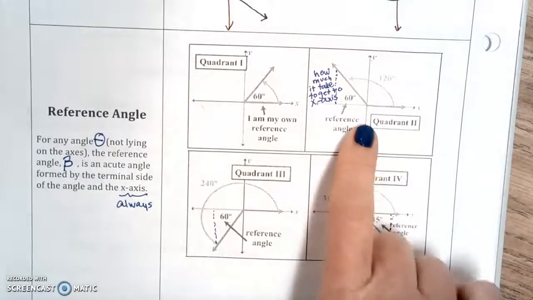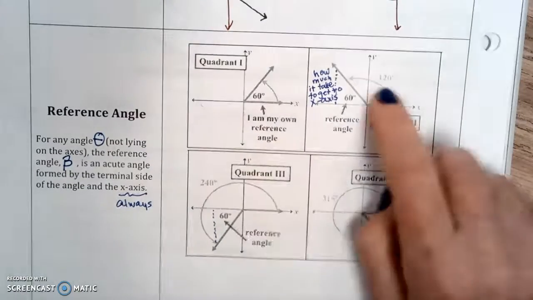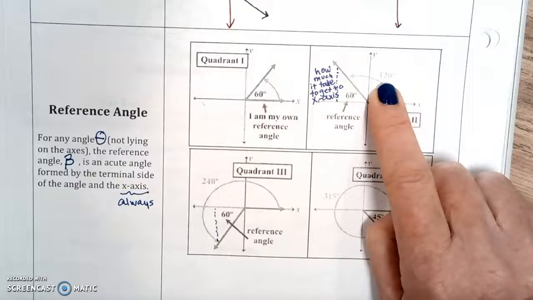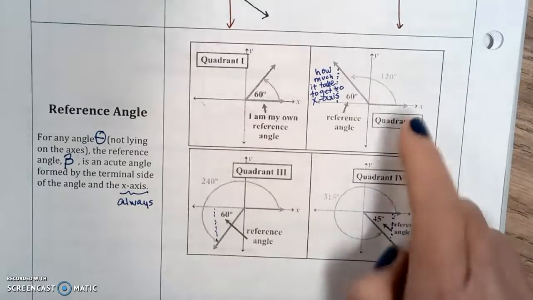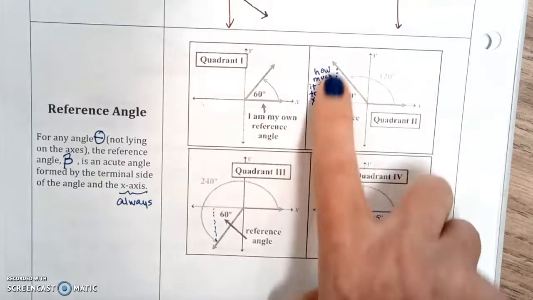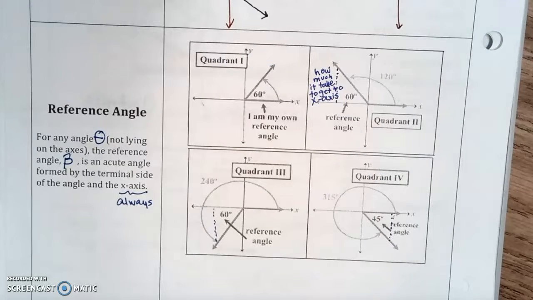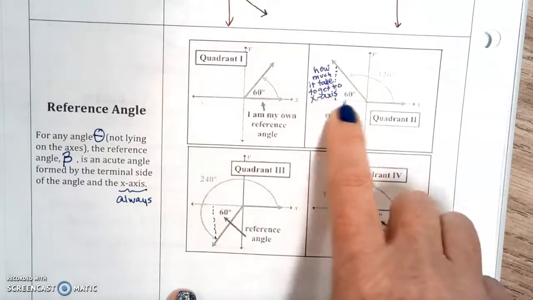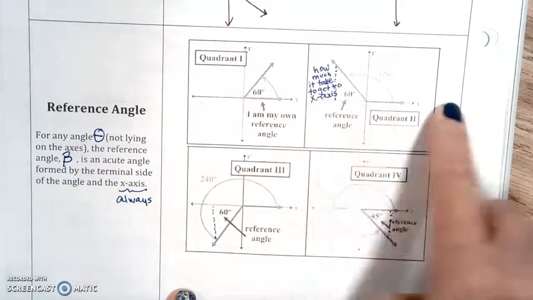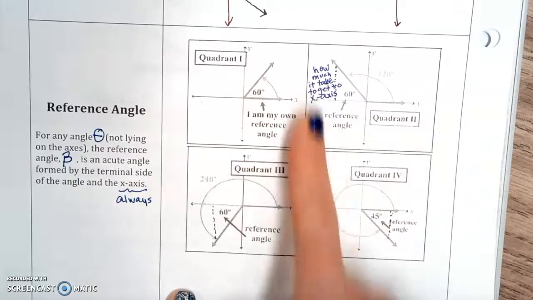For this box, we have a 120-degree angle, which is more than 90, which is going to end us up in quadrant 2. So the reference angle would be, drop down to the x-axis. The x-axis is always the horizontal one.